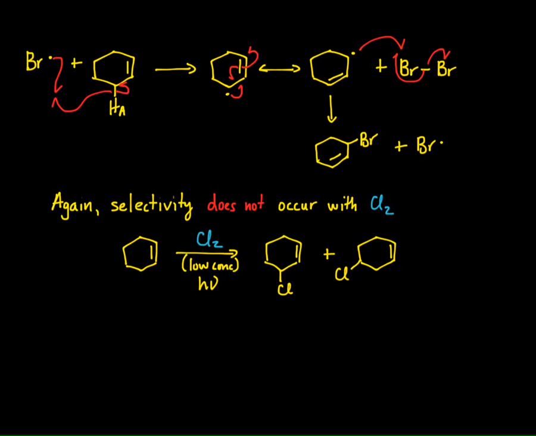And you know, when we look at the product distribution, it's a fairly significant amount of chlorination at that methylene carbon. And so, in terms of synthetic use, it's okay, but it's not very selective.